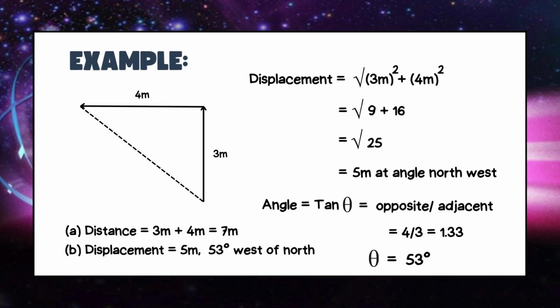Ngayon, para mas madalian tayo, we will simply type them in the scientific calculator, shift tan, then 1.33. The answer will be 53.06. But since angle ang kukunin, ang kailangan lang natin kunin ay the whole number, which is 53. The final answer in displacement is 5 meters 53 degrees west of north.